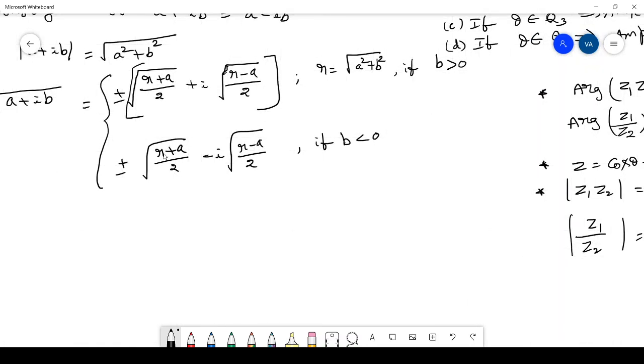Next, i cube. I square is minus 1, so i cube is minus i.